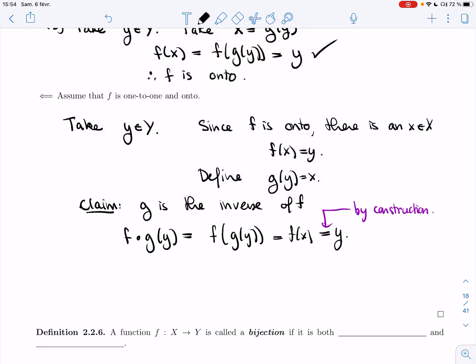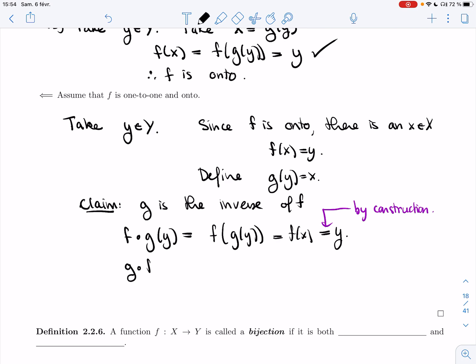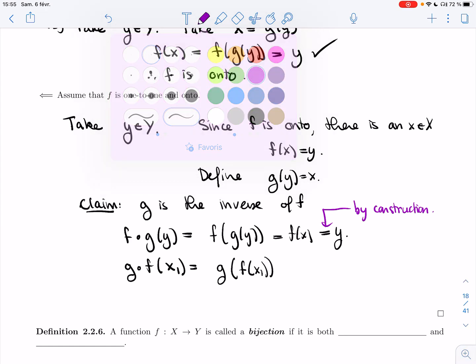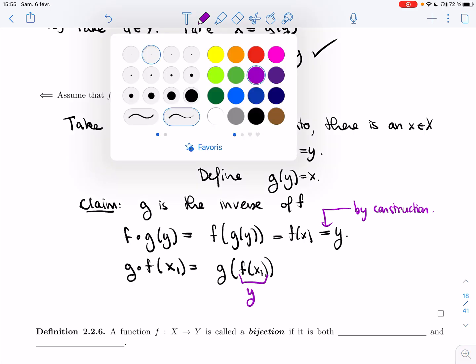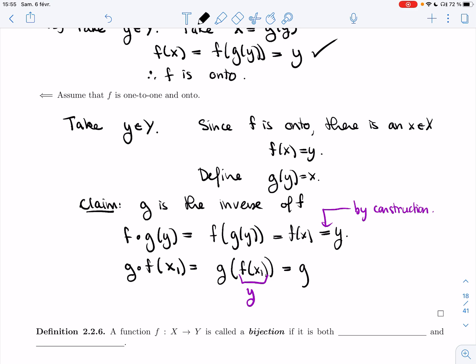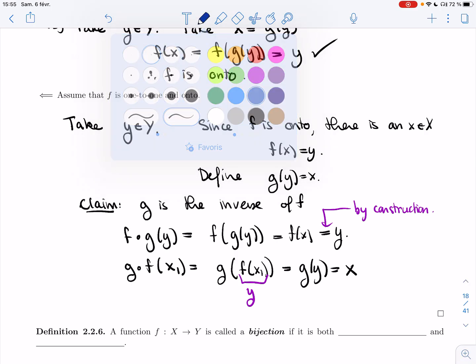All right, let's do the other side. If I have g composed with f, and let me call the input x1, because I don't know it's this x yet. So I'm going to apply f to x1. This is going to give me some y. And so I'm going to get g of y, which is going to give me x above. How do I know that x is x1?